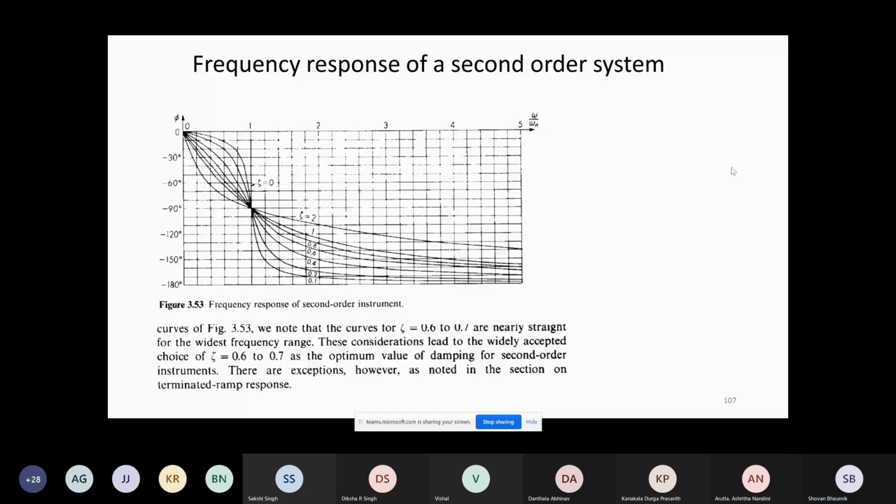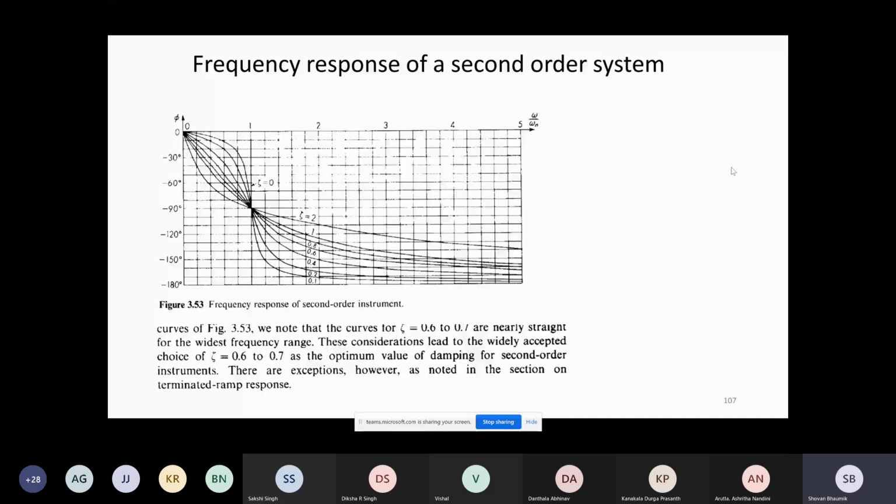Now, from here I discussed what zeta you need to take. If you are a system designer or a measurement system designer, zeta is preferably 0.6 to 0.7 we generally take, because for such zeta you will see that the phase angle is changing from 0 to 180, fine, but there is no drastic change.